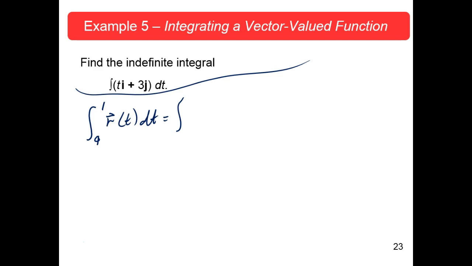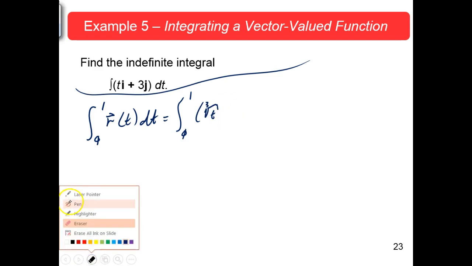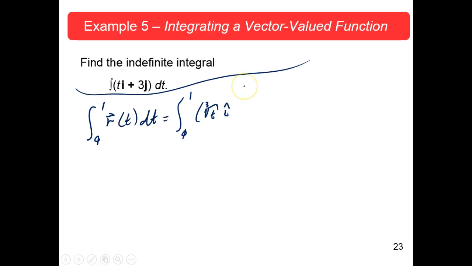Okay? That would be the integral from 0 to 1 of, and if your r vector was the cube root of t i, plus 1 over t plus 1 j, plus e to the minus t k, dt.